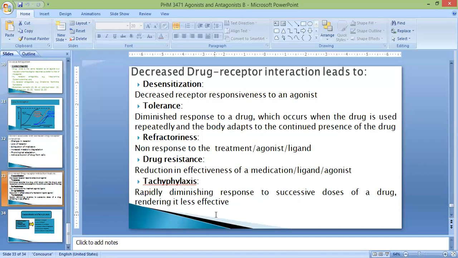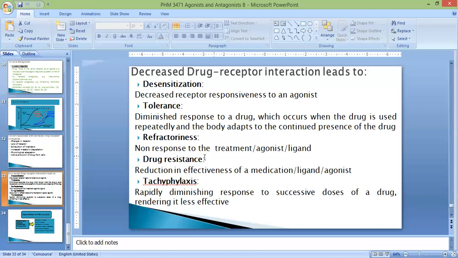Then dealing with a decreased receptor response, the receptor does not respond as much to the agonist, right? Desensitization, yeah. And then refractoriness. You know about the refractory period, it is just a period whereby there won't be any response to the drug, the agonist, the ligand.